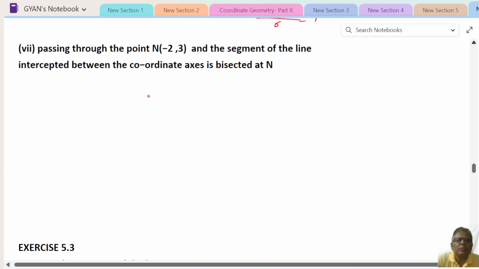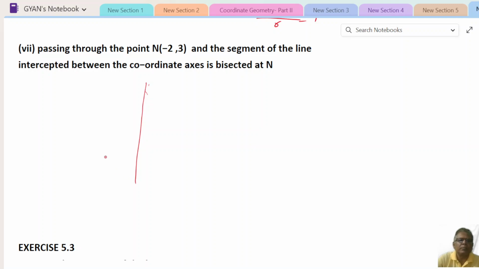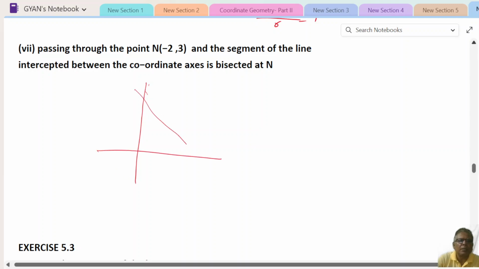The line passes through the point minus 2, 3, and the segment of the line intercepted between the coordinate axes is bisected at this point. So this is the point minus 2, 3.